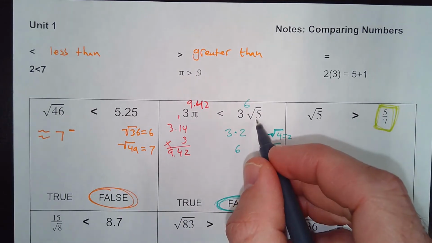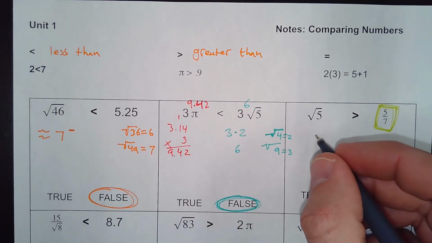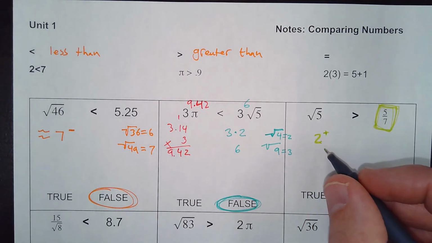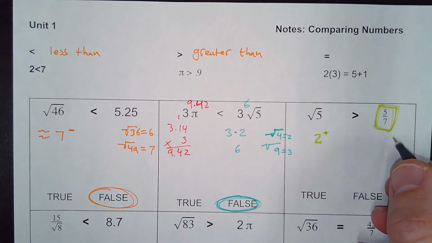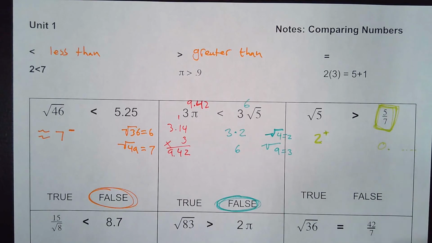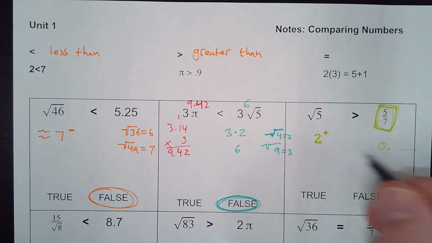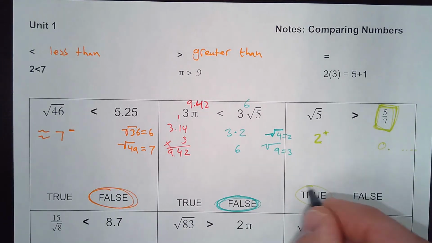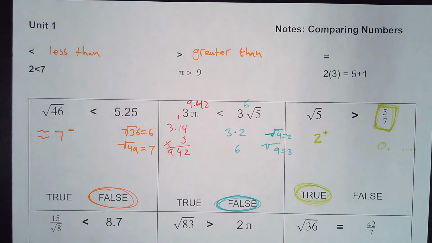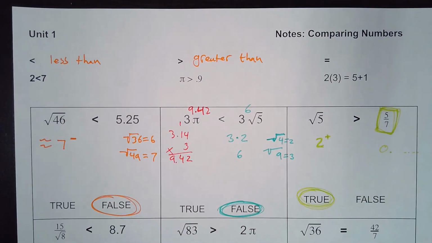We already found this over here. The square root of 5 is roughly 2. It's a little bit bigger than 2. So 2 is obviously going to be bigger than 0 point something, 0 point whatever, we don't know. 2 is obviously bigger, so we'd say this is true. So that's kind of how we do these.